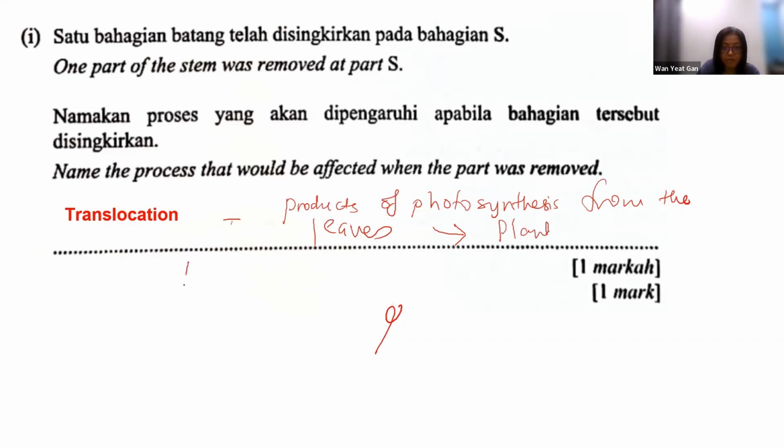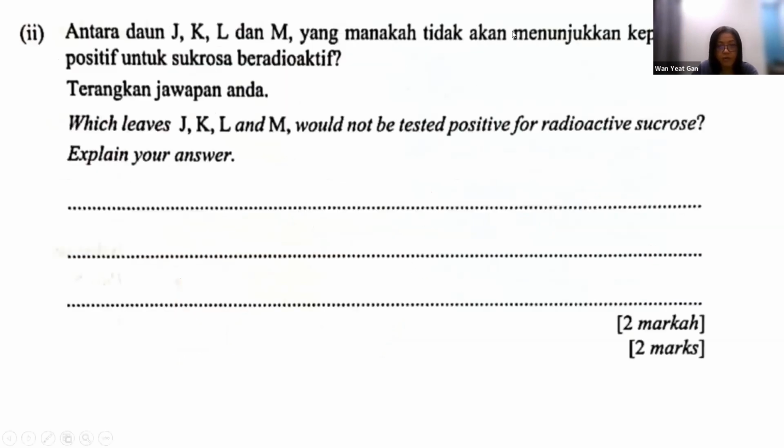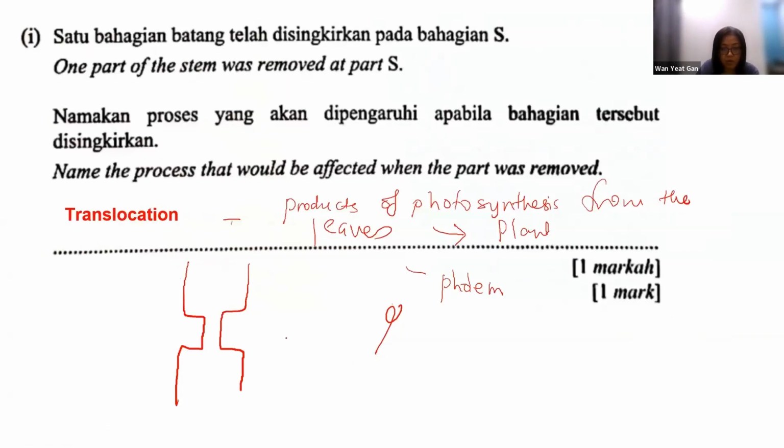So what happened is when you remove the bark, you remove the phloem as well, because when you cut the bark, you cut away the phloem. So here, after a while, it's going to be swollen on the upper part because of the accumulation of the food substances.